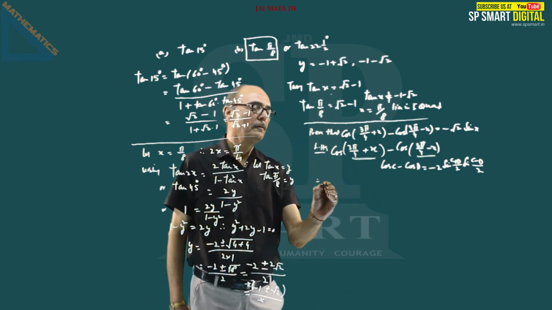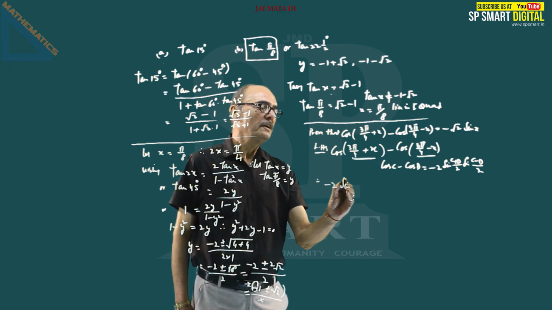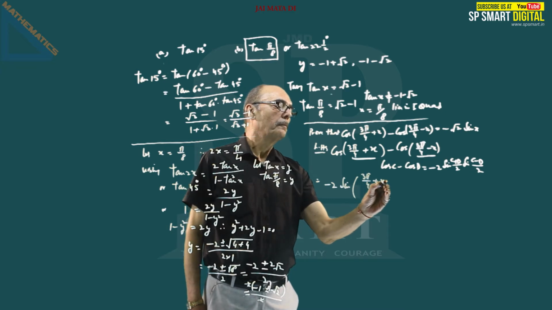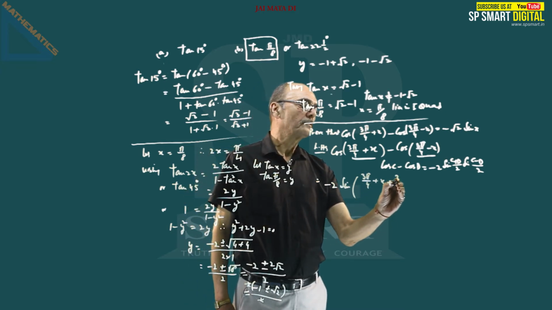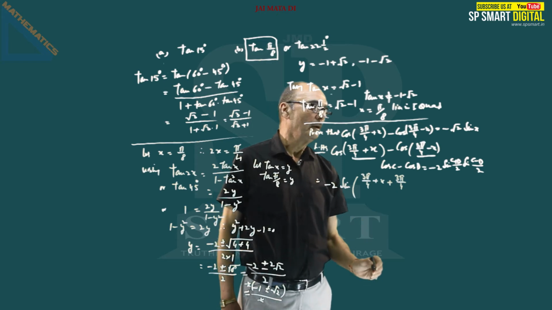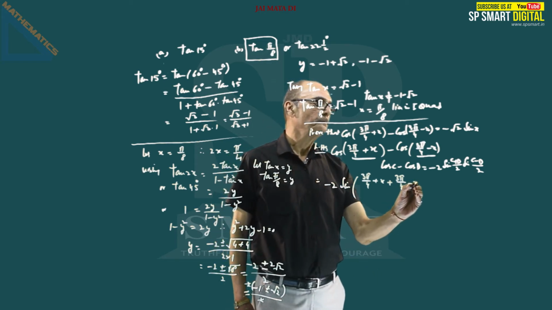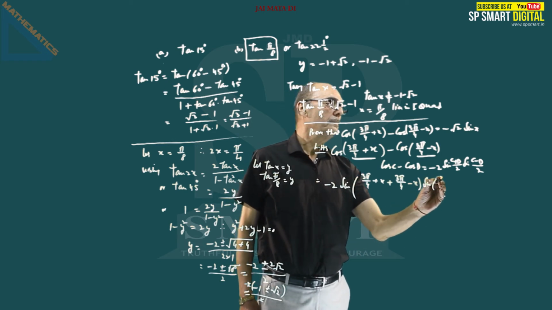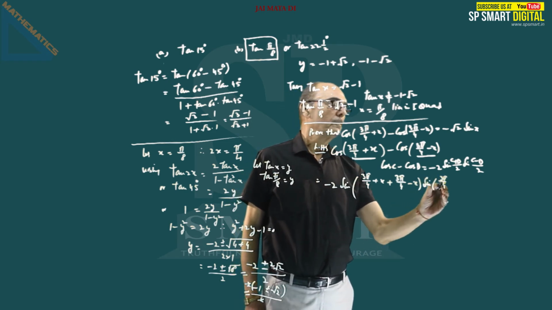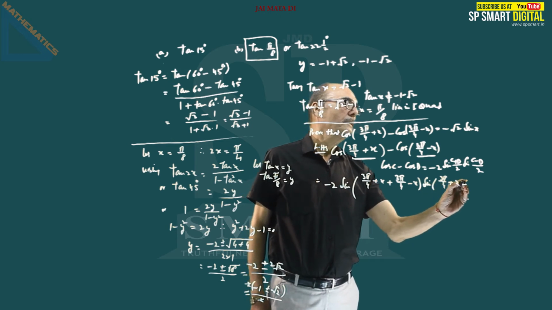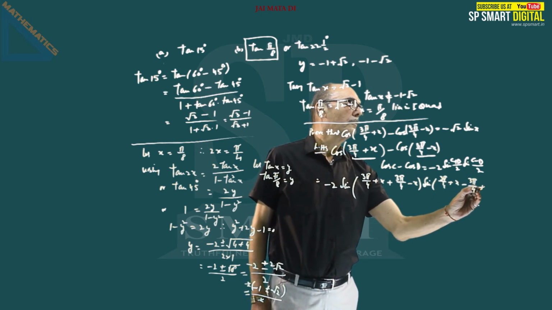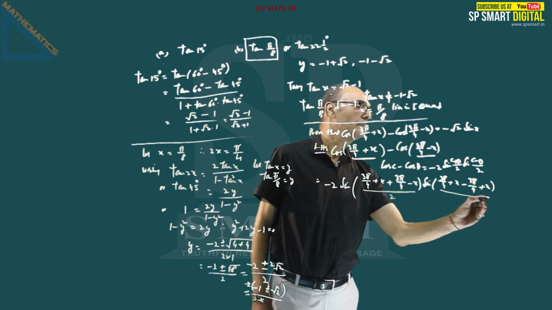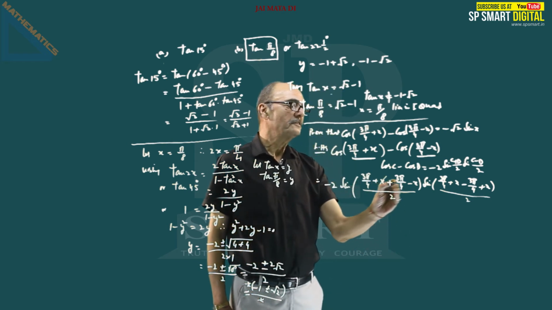So we have minus 2 sin of 3 pi by 4 plus x plus 3 pi by 4 minus x, into sin of c minus d, that is 3 pi by 4 plus x minus 3 pi by 4 plus x. Of course, divided by 2, here also divided by 2. This x cancels with this.